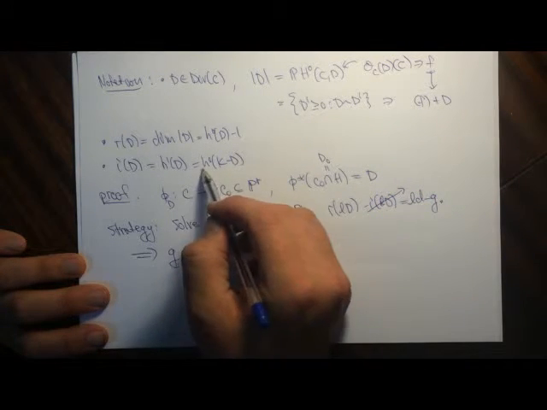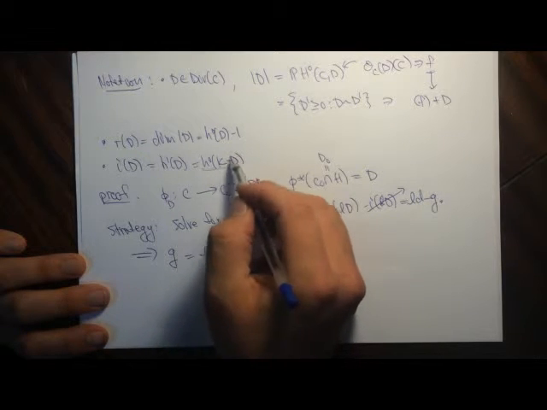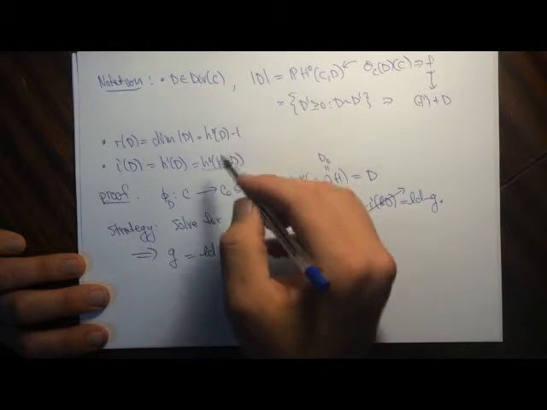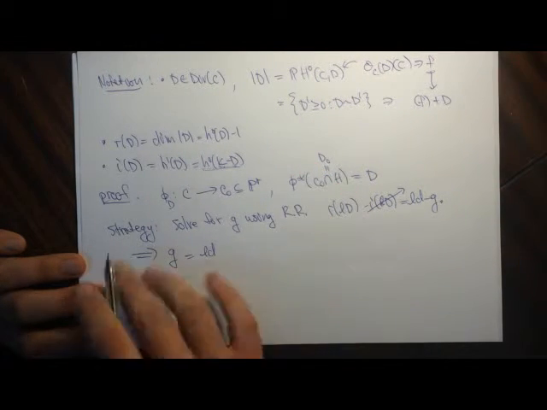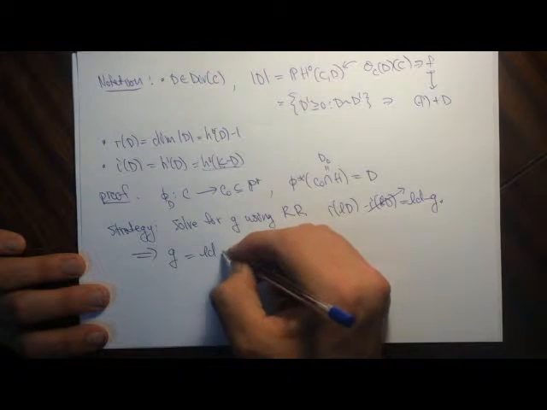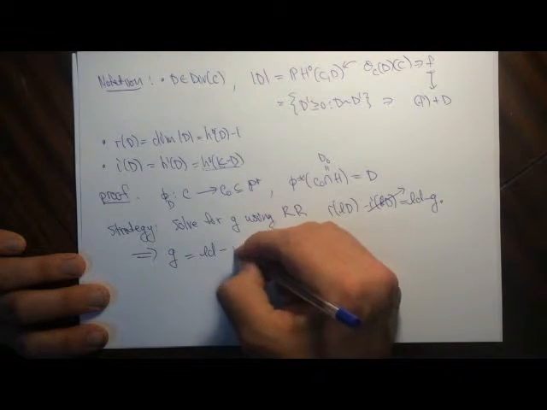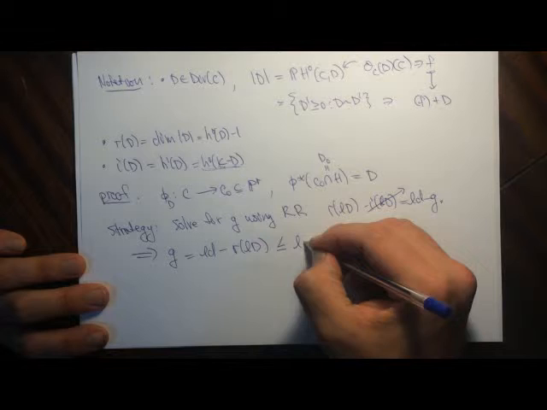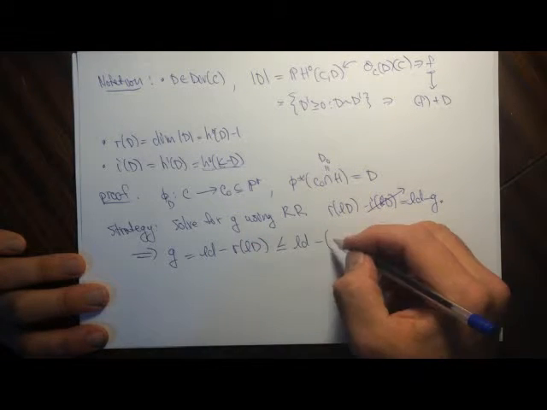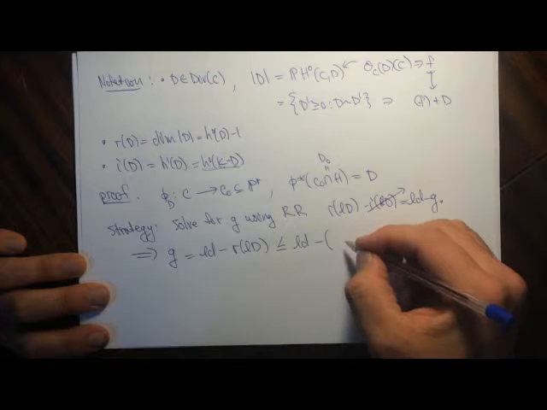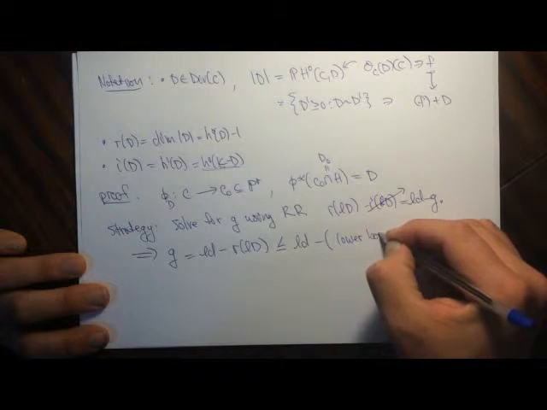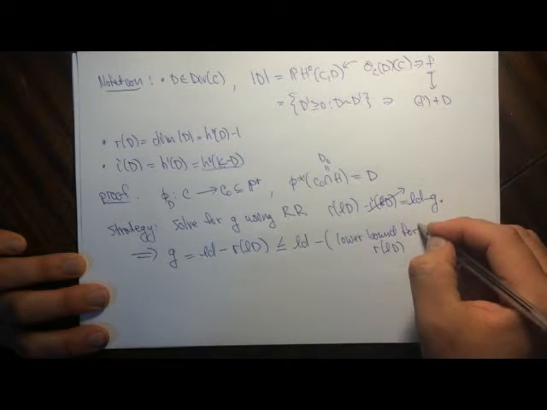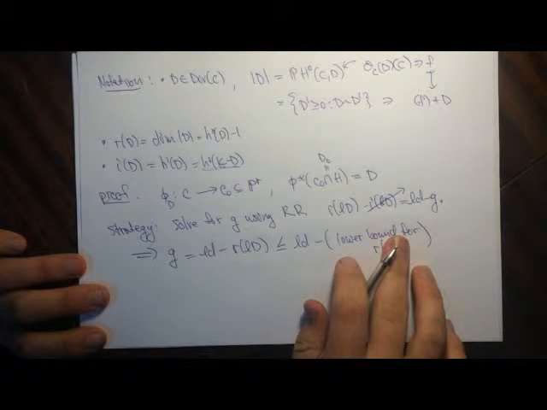If the degree is large enough, this difference will be negative, and this vanishes. So that being said, we can continue. This is L D minus R of L D. Our strategy will be to find an inequality here, but we'll subtract less. So we'll find a lower bound for our L D. That's the idea.